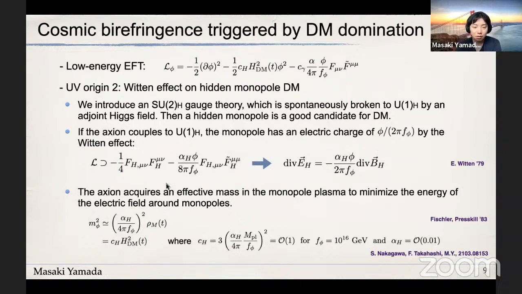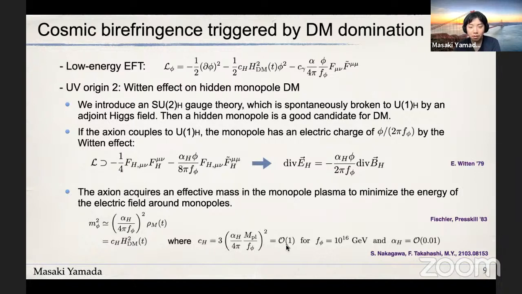This can be quantitatively written as a mass term for the axion. Actually, according to Fischler and Preskill, the effective mass for the axion in the monopole plasma is proportional to the monopole energy density. And if the monopole in the hidden sector is the dark matter, then this can be written in terms of the dark matter density. So here the coefficient is given by this formula.